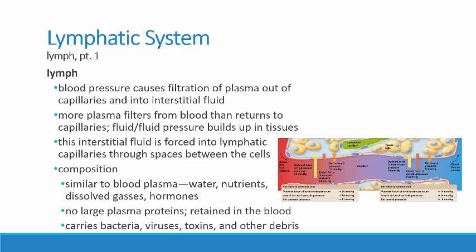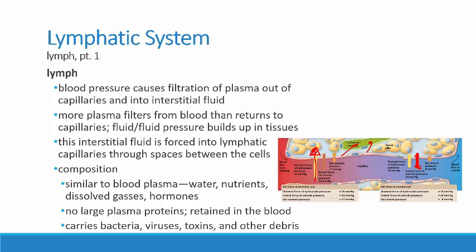If you recall, blood pressure pushes fluid out, osmotic pressure draws fluid back in, but because there is less osmotic pressure pulling fluid in, there's a buildup of fluid out in the peripheral tissues. That buildup of fluid causes hydrostatic pressure that pushes the fluid into the lymphatic capillaries.